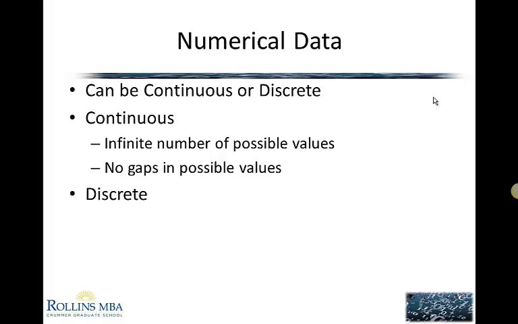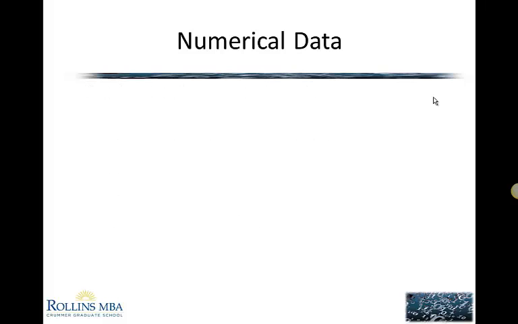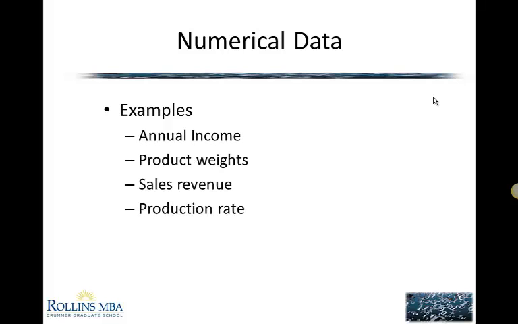And we can contrast this with a discrete variable, and that's one in which there are gaps in the possible values. And very often when we think of discrete data, we're thinking of things that we're counting that come in whole numbers. For example, I gave 4 examples on a previous slide: annual income, product weight, sales revenue, and production rate.